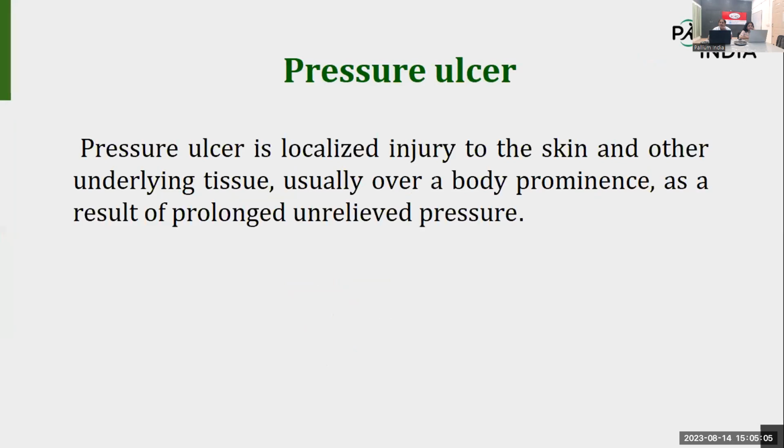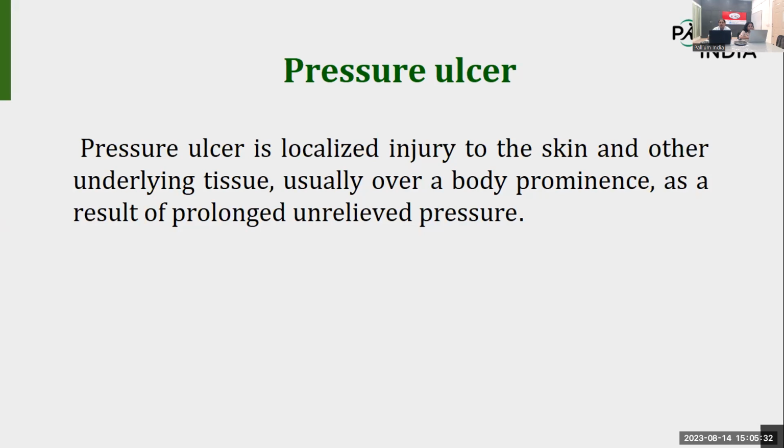Okay, so what is pressure ulcer? It is also known as decubitus ulcer or bed sore, right? So pressure ulcer is a localized injury to the skin and other underlying tissue, usually over a bony prominence, as a result of prolonged unrelieved pressure. In our palliative care setting, most of the persons who are bedridden usually develop pressure ulcer or bed sore.